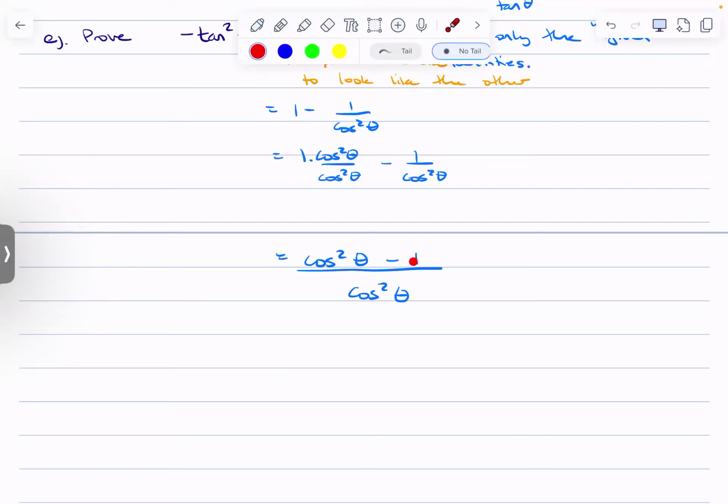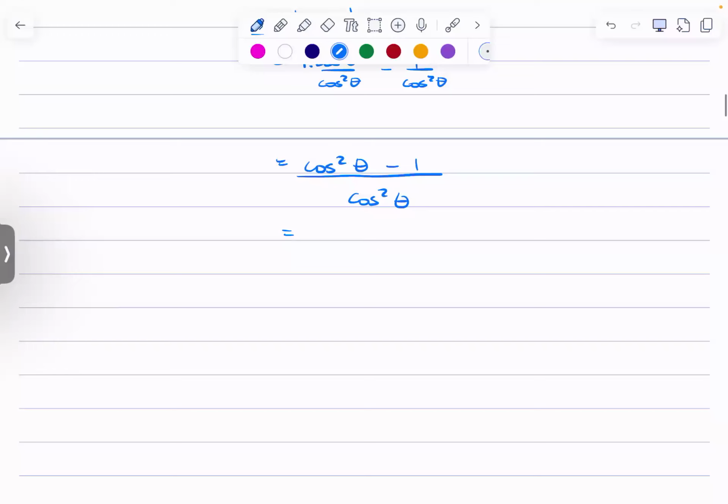And as soon as I see a 1, I see an opportunity to replace this 1 with cos squared plus sine squared. So let's do that. I get cos squared theta minus, and you want to use brackets since you're subtracting, cos squared theta plus sine squared theta, which is equal to 1, right? And so I'm just replacing that 1, divided by cos squared theta.